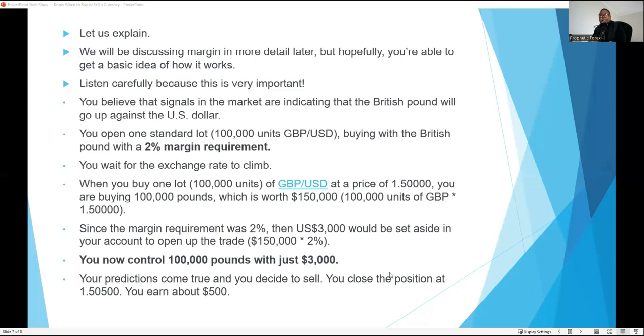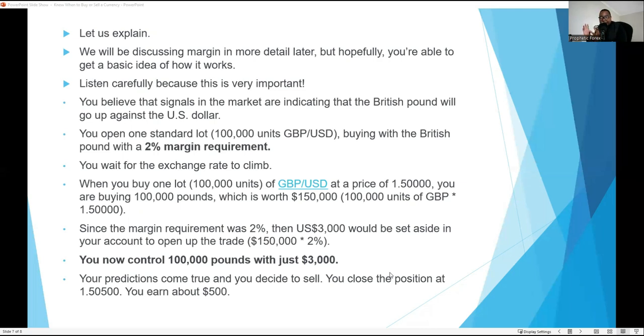So let me explain something here. When we're discussing margin trading in the later episodes, we want to dwell on something here. Let's say you believe that the signals in the market are indicating that the British pound will go up against the US dollar, and you open with one standard lot.